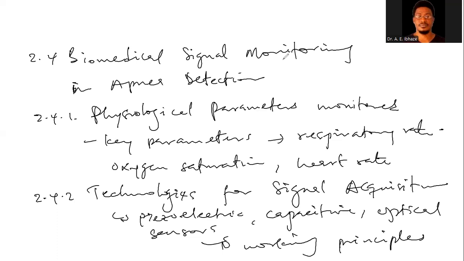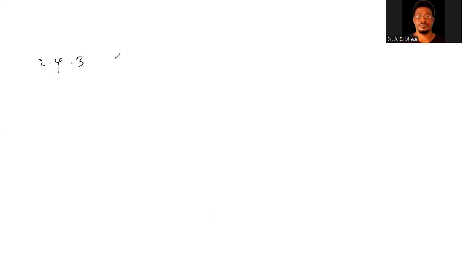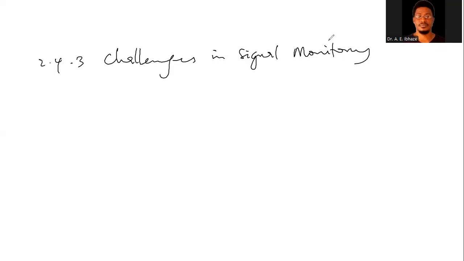Now, we are still on biomedical signal monitoring and apnea detection. We've talked about the physiological parameters. We've talked about technologies for signal acquisition. Then we could also talk about challenges in signal monitoring. So you want to mention some issues, like noise.